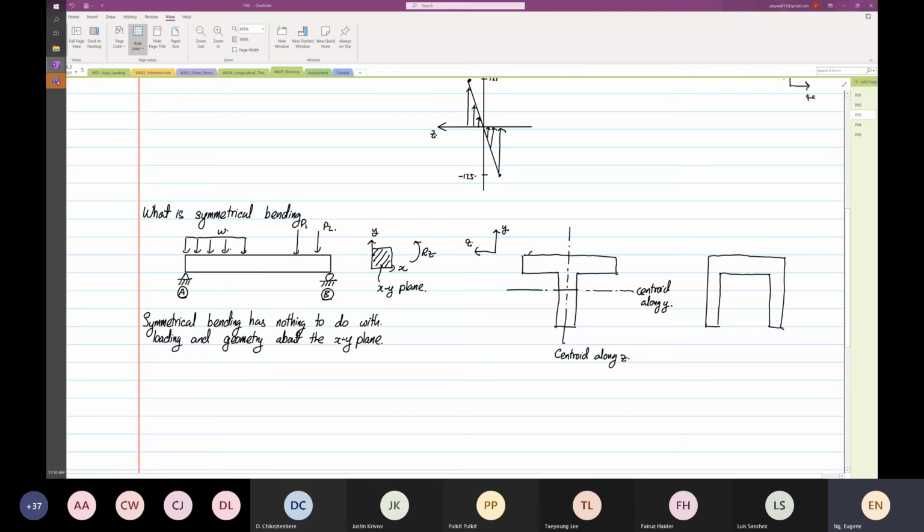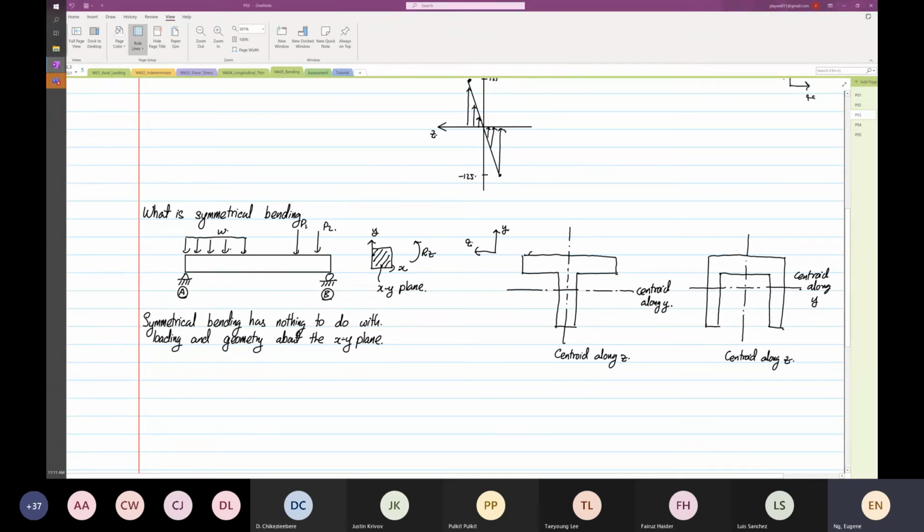Right, this is our geometry, the other geometry, same transformation. This is the centroid along the Y-axis. And over here, this is the centroid along Z, and the other one is Y.